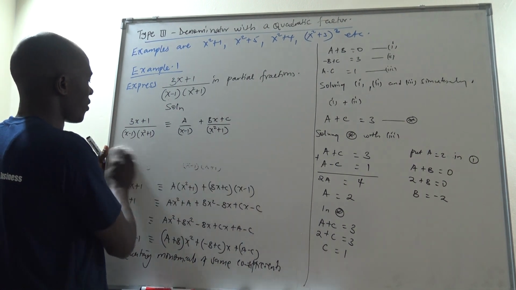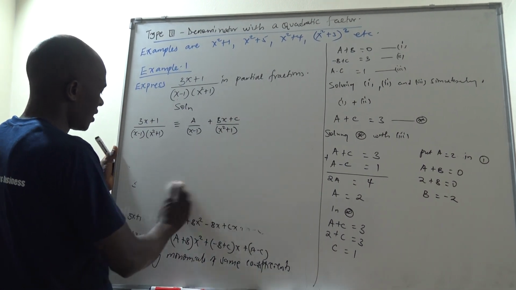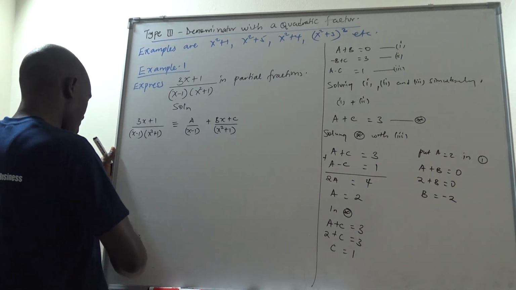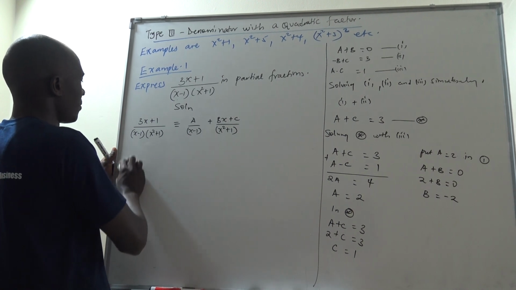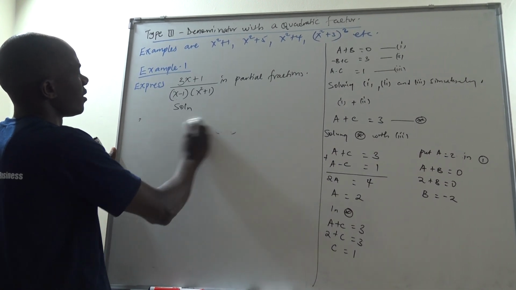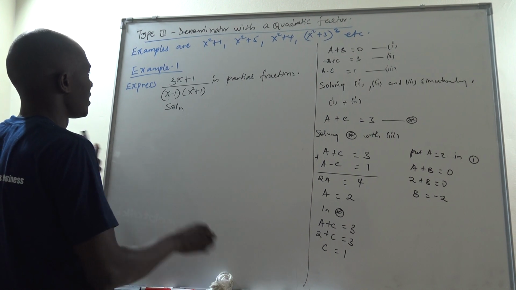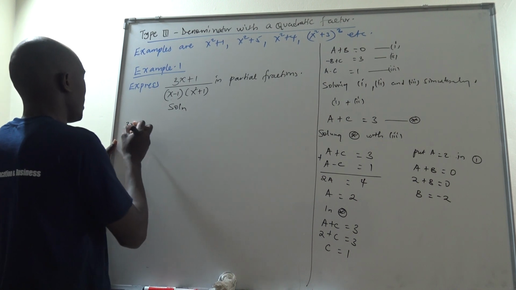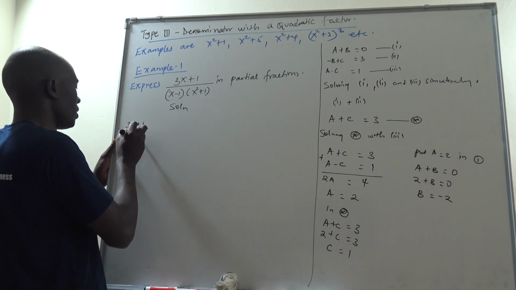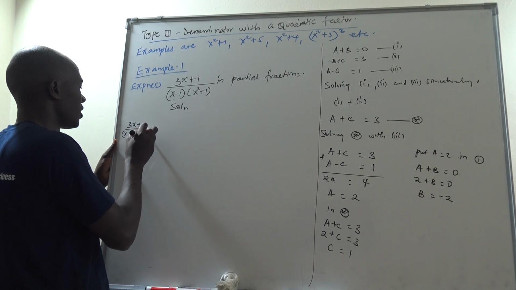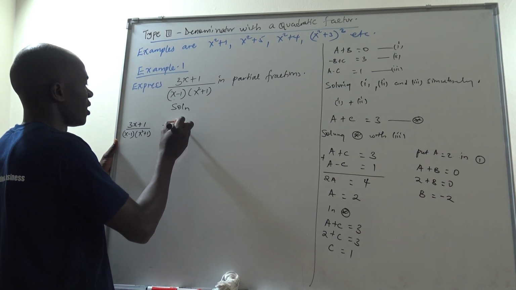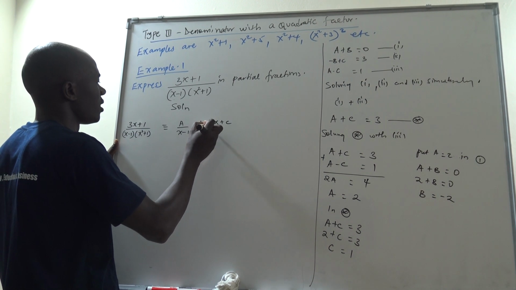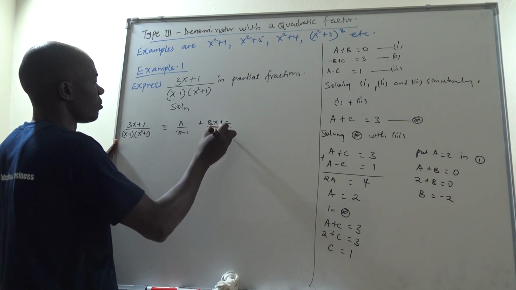So we are going to write our equation in the way it's supposed to be written, which we said was given as 3x plus 1 all over x minus 1 into x squared plus 1, which was the same as a out of x minus 1 plus bx plus c out of x squared plus 1.